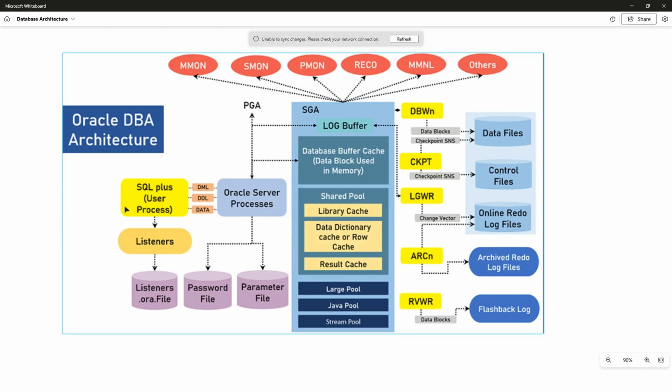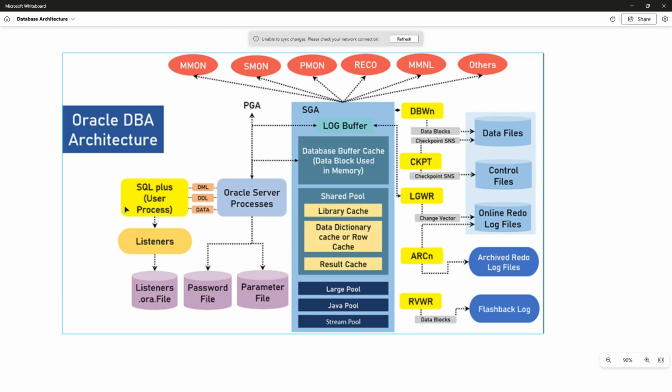The user process starts when there is a request to connect to an Oracle database from the client. When a command is executed in the client, the user process starts trying to connect to the server process.